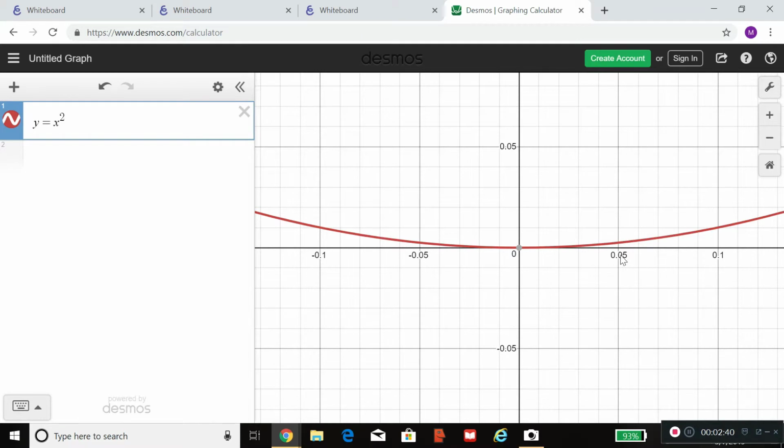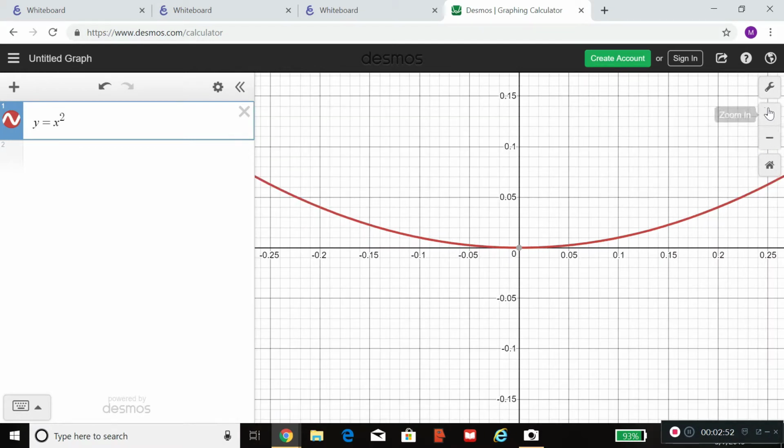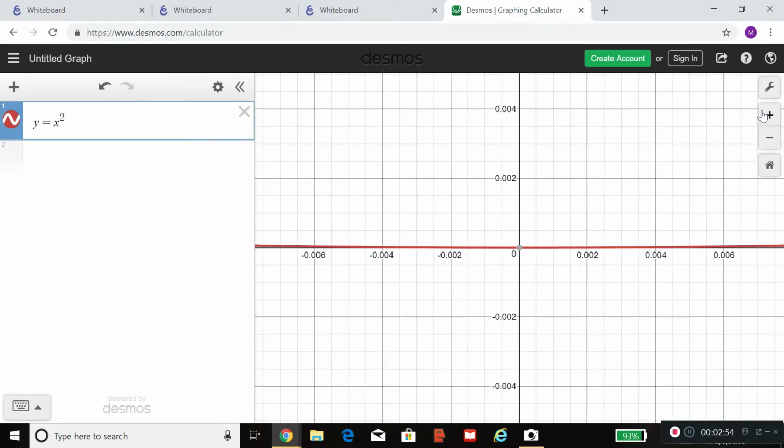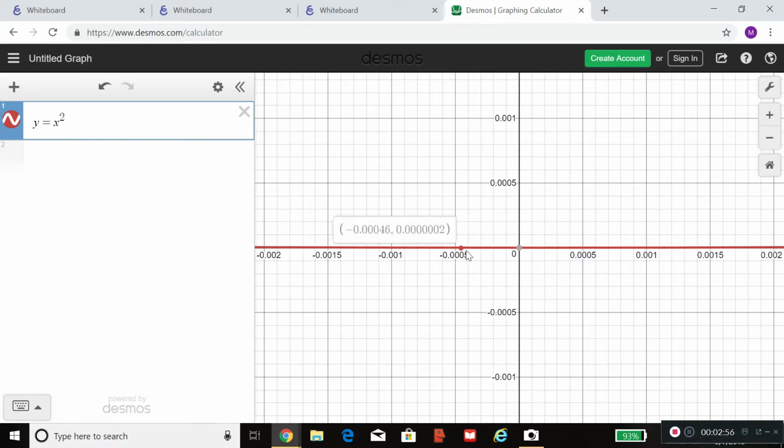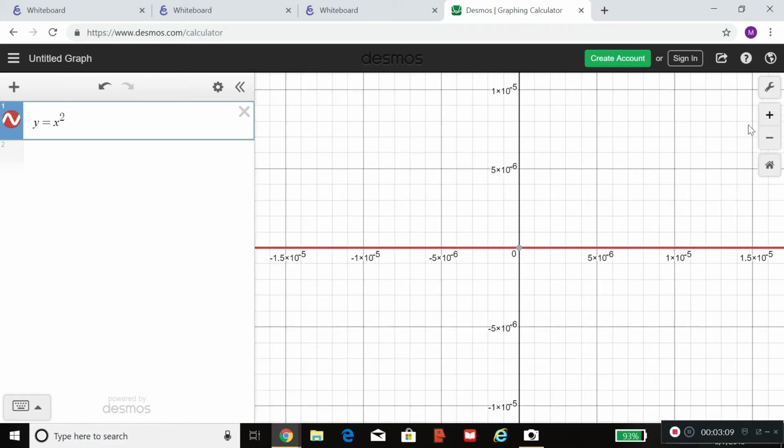When the x is very small, 0.05, the y is 0.0025, which is that squared. And these get infinitesimally small. And this is technically not 0 here. It's just kind of rounding it to 0, but that's because that's what Desmos does.